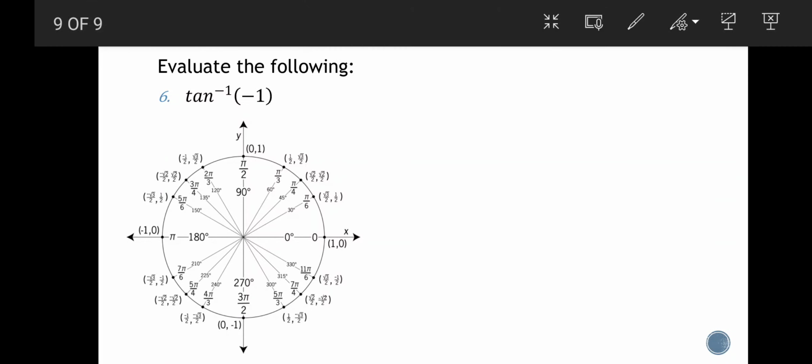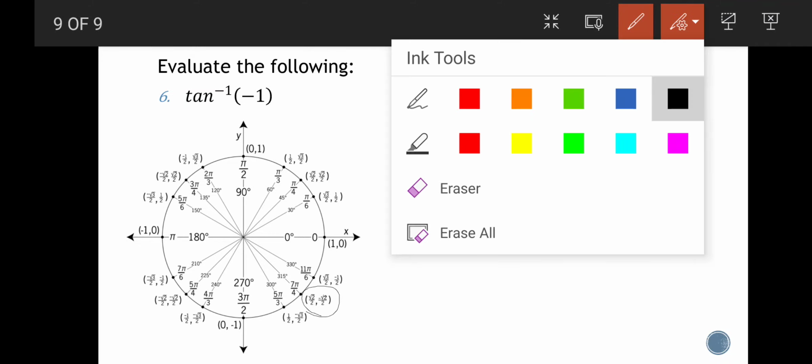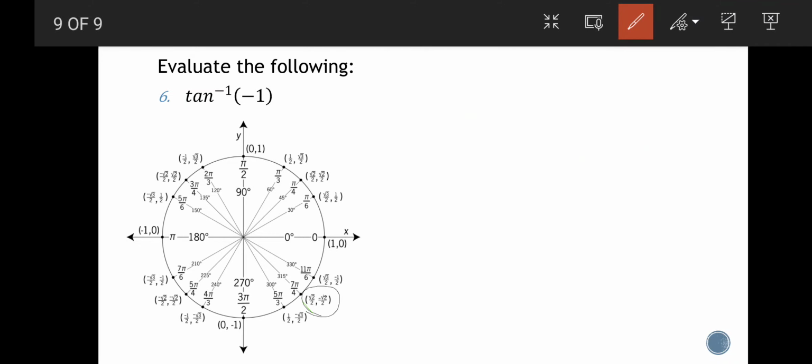Now, looking at our unit circle, that could be this. We could have square root of 2 over 2, and negative square root of 2 over 2. When you divide, we have square root of 2 over 2 divided by negative square root of 2 over 2.